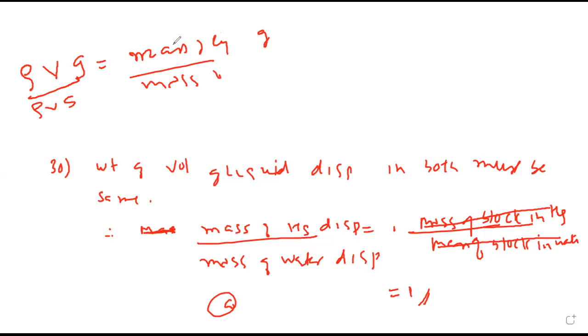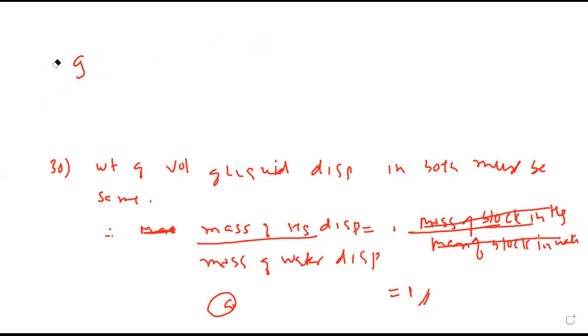Both will come equal to 1. Since weight is same, therefore M has to be same. Volume may be different, but mass is same because weight of liquid displaced is same.